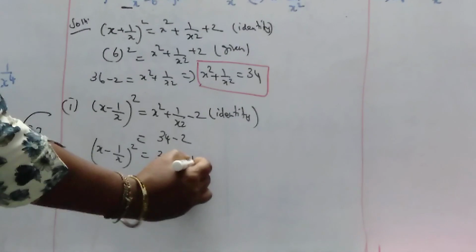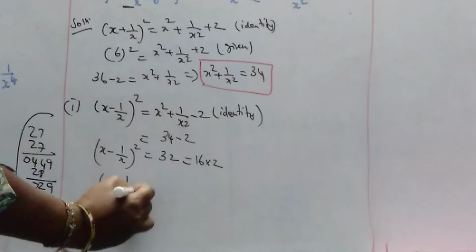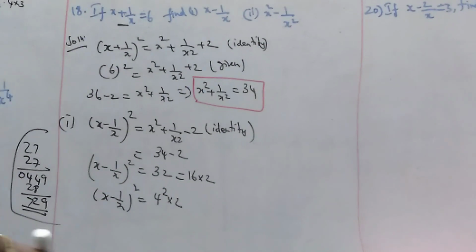So we can split this into 16 into 2. That is, 32 is equal to 4 square into 2. This one we can write it as.